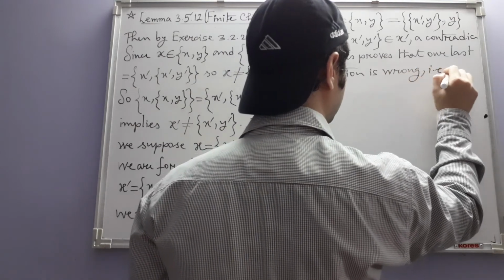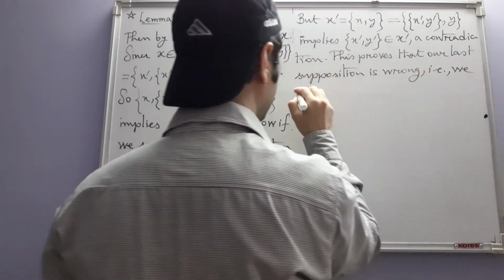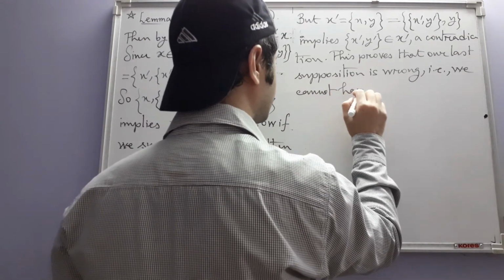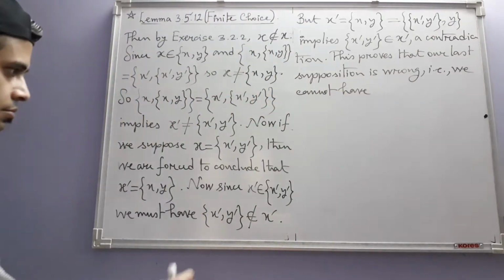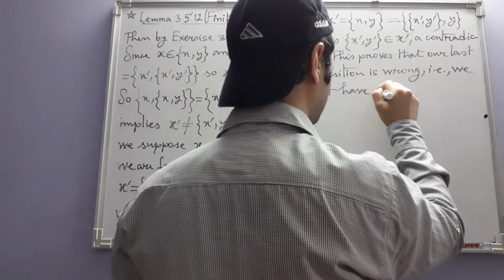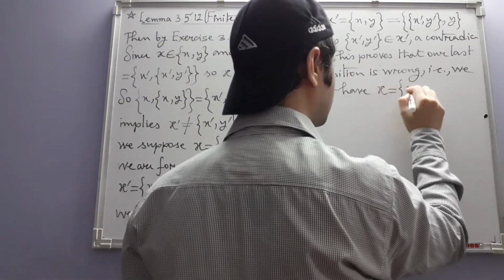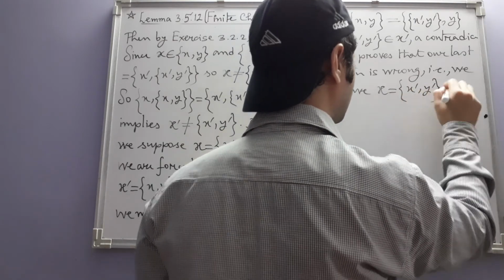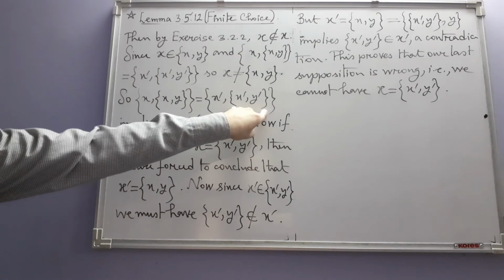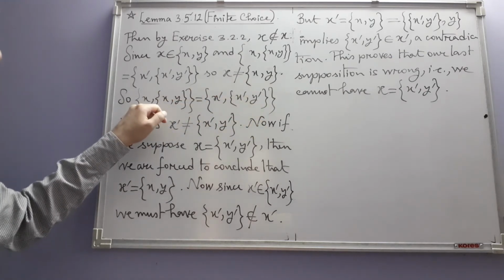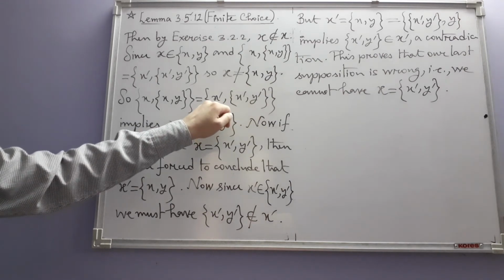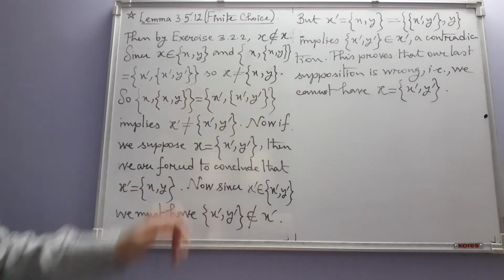That is, we cannot have this. So this cannot be equal to this, but this must belong to this set as an element. So the only possibility is that this has to be equal to x'.